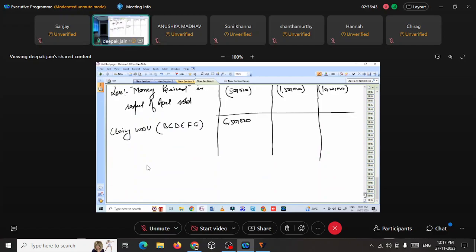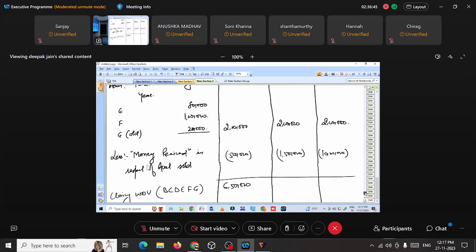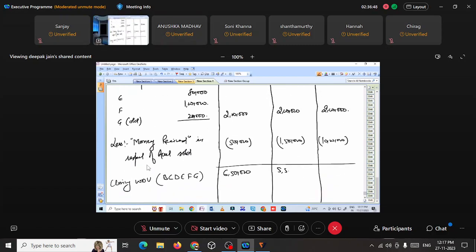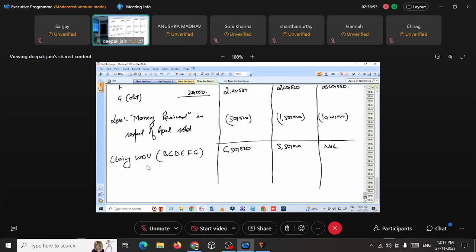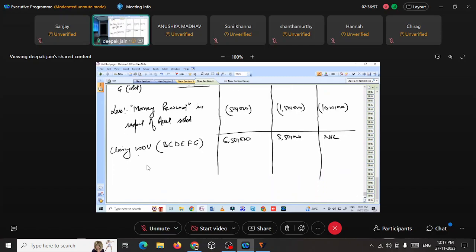Am I right? 7 minus 150, 550. And here WDV cannot be negative. So depreciation, what is the rate of depreciation? 15%. But if an asset is put to use for less than 180 days, then half, 7.5%. The question is not specific about dates of purchase and put to use, so it is assuming that all assets are put to use for more than 180 days.